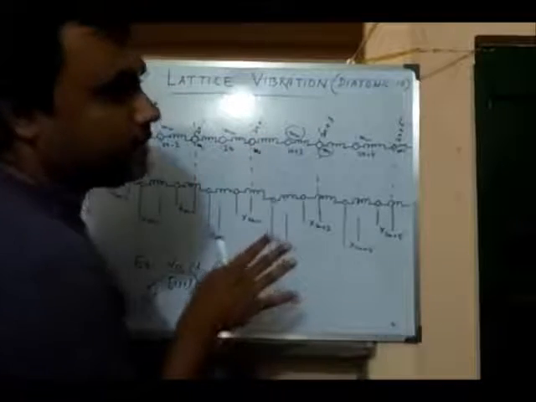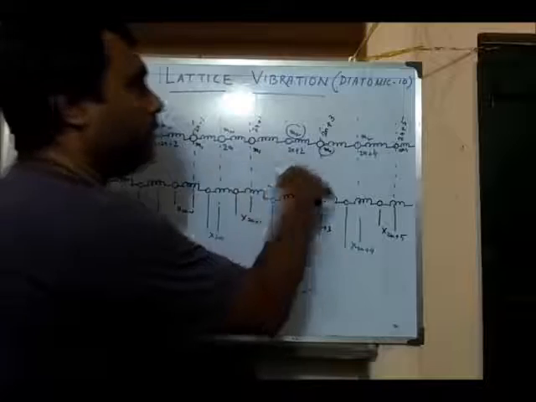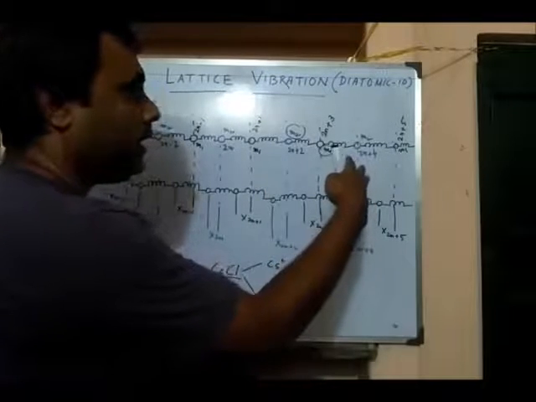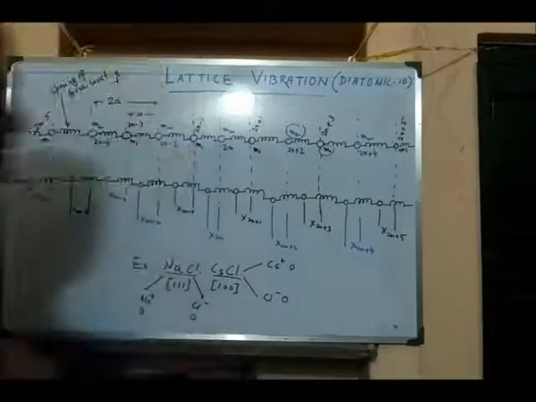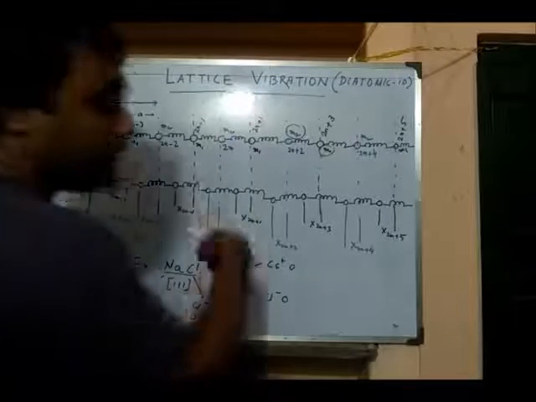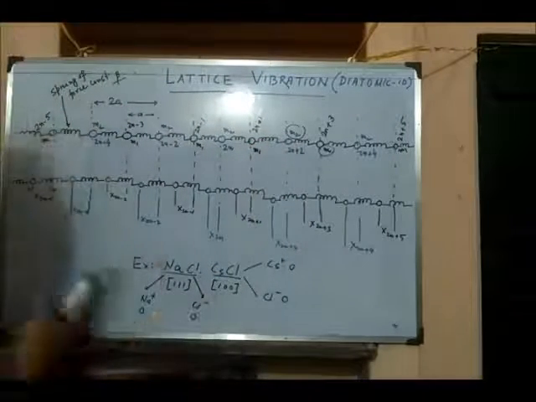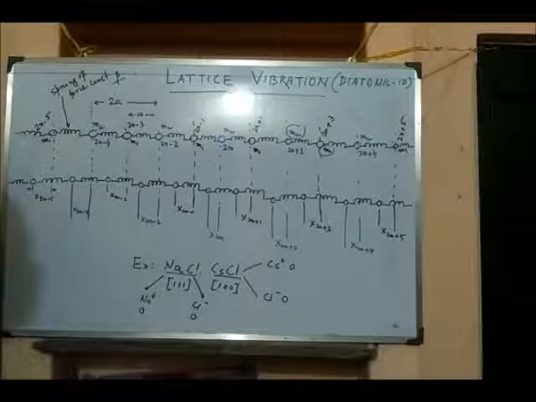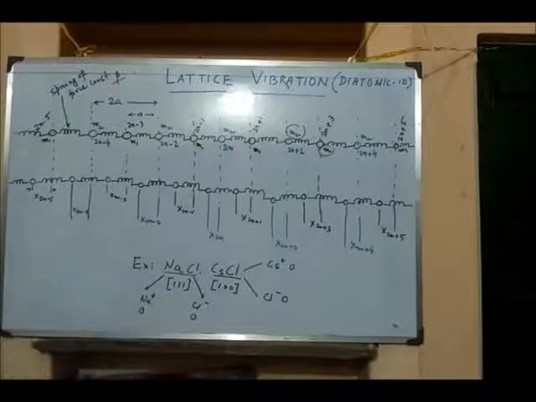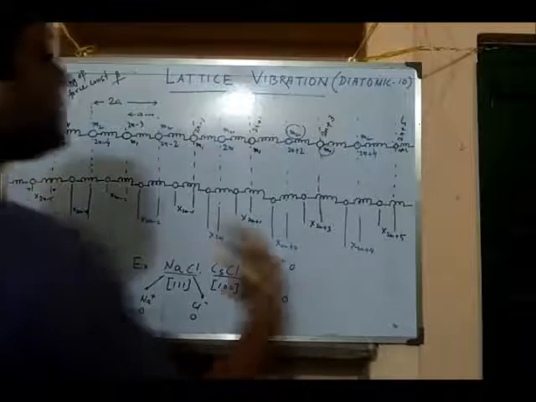I can rather say that this M1 atom is vibrating with a particular amplitude, but this M2 atom doesn't have that same amplitude of vibration, as these mass points are different.